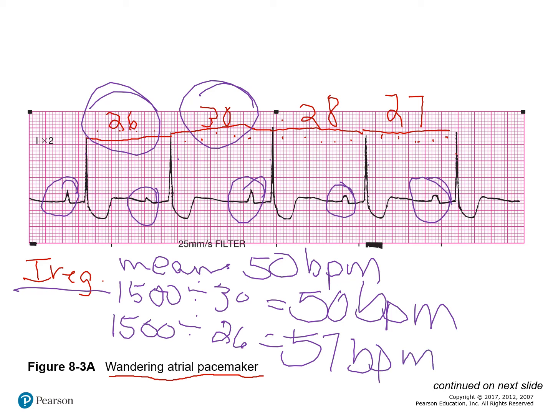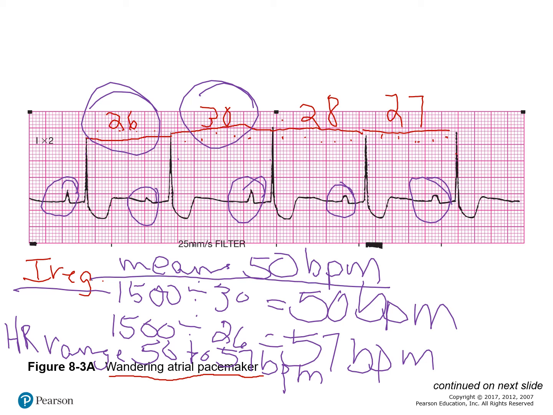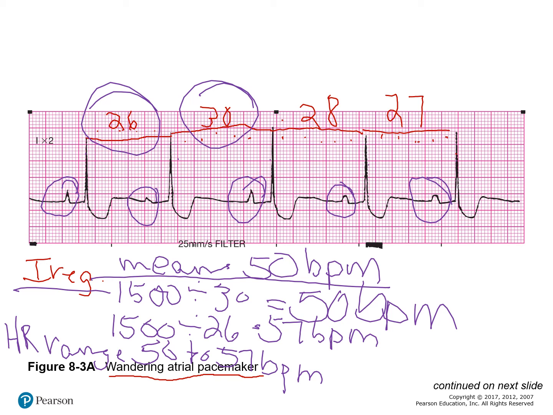So our heart rate range is 50 to 57 beats per minute, and our mean rate is 50 beats per minute.